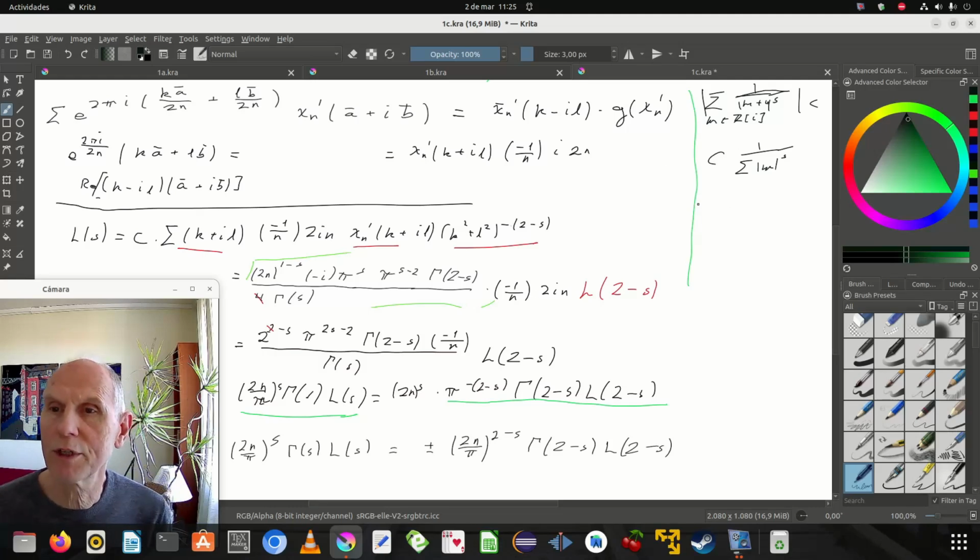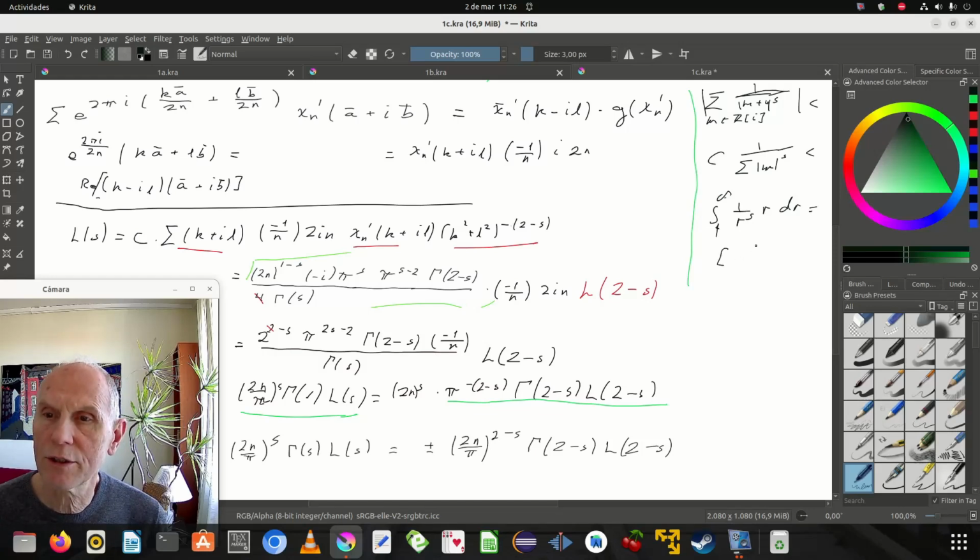So that can be dominated, and that can be dominated by the two-dimensional integral, like from 1 to infinity.